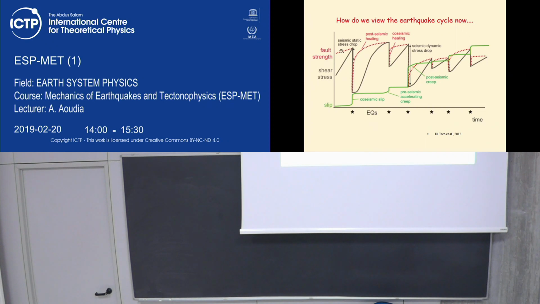The first order parameter that controls this behavior on faults. Why do we have these different types of behaviors on a fault? On a fault that is able to generate large earthquakes in time with different sizes. What is the name of this magic parameter?